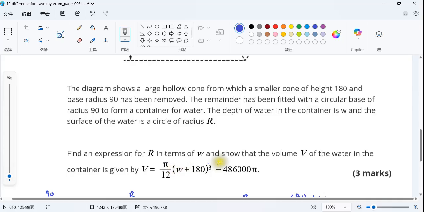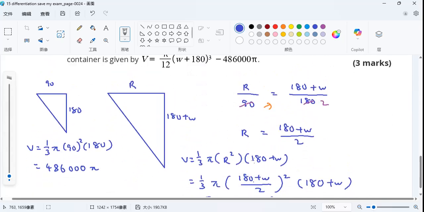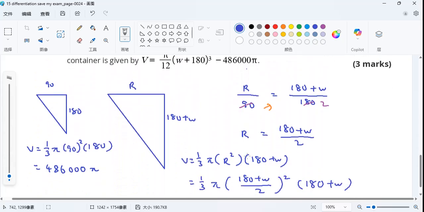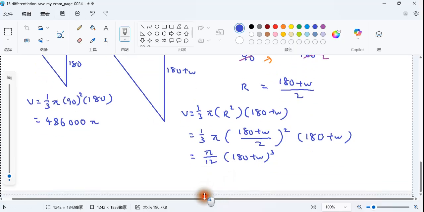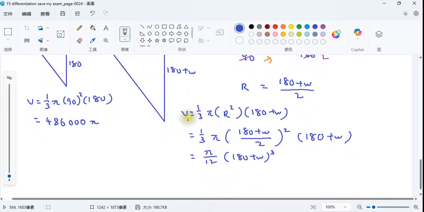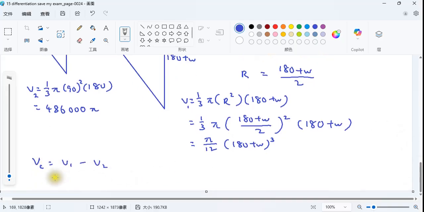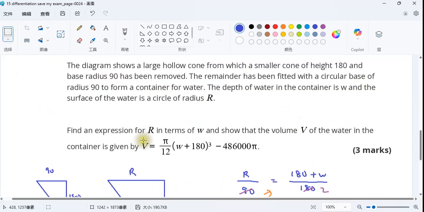So the volume of the container will be V1 minus V2: π over 12 (180 plus w) to the power 3 minus 486,000 π. This is the volume.